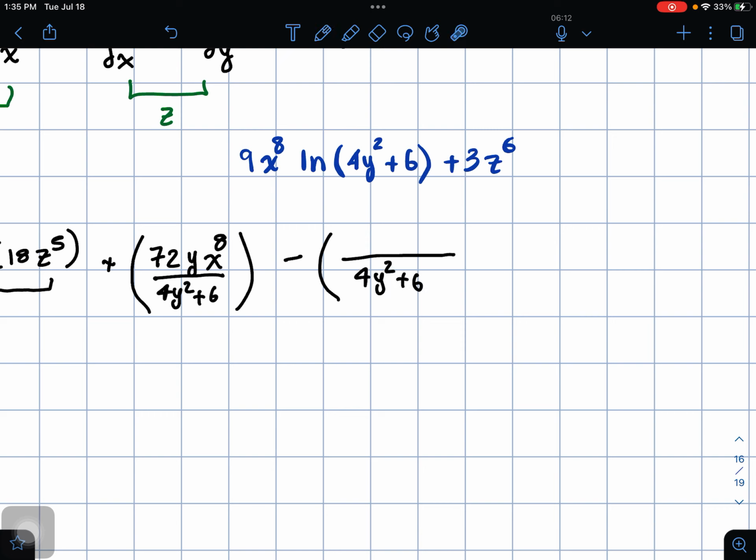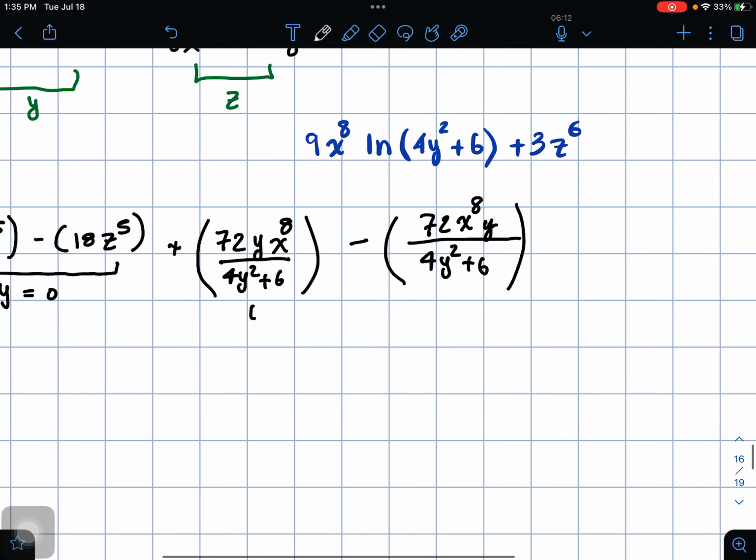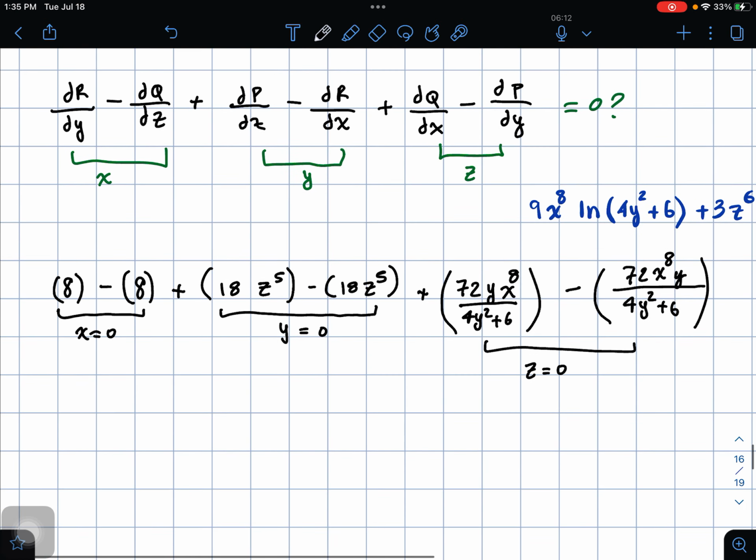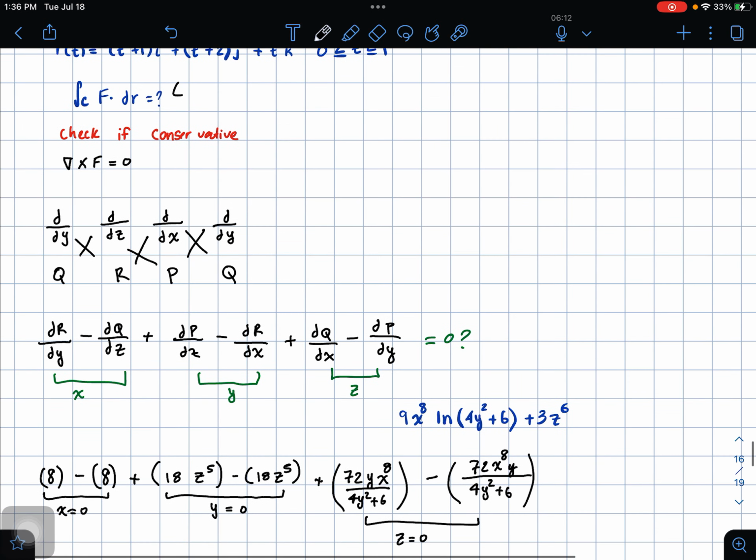And then if you take the derivative of this with respect to y, it will be 8y. And then we have this 8 and this 9, so that becomes 72. And it's x to the 8, and then we just have a y, right? And again, this turns to 0. So in reality, everything is 0. So this is true.